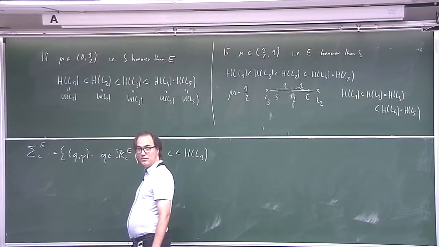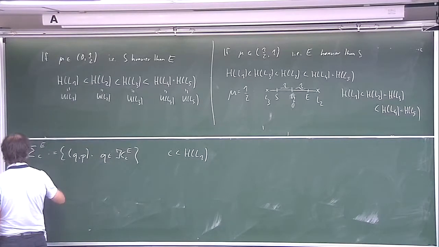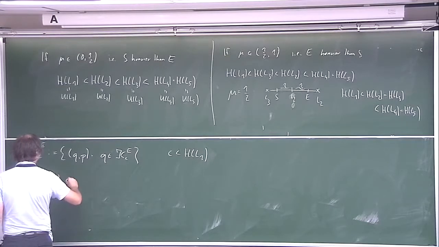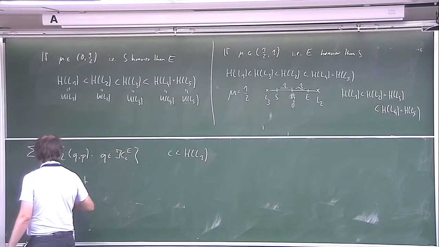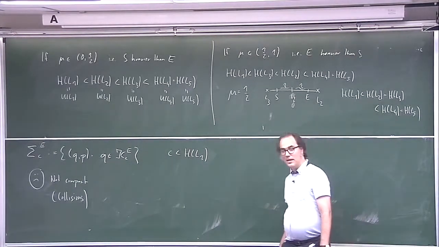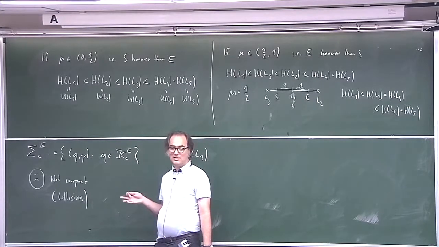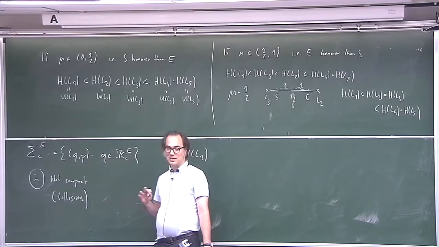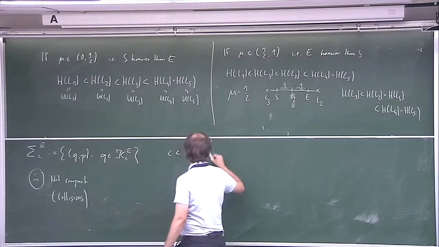And this is due to collisions. This is, unfortunately, not compact, and this is because of collisions. But now the good thing is, these are just two-body collisions, and for mathematicians, two-body collisions can always be regularized.